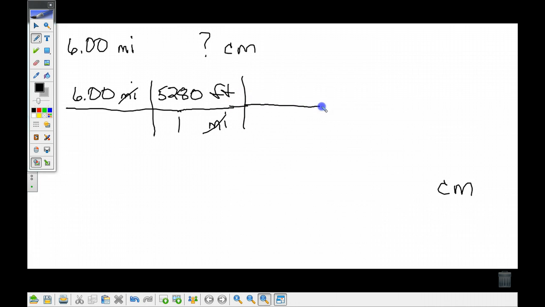Now, I don't think we could go to inches. You want to go feet to inches and then do a conversion from inches to centimeters? That works. But here's what I'm going to do. If you look at your conversion table that I just showed you in your passport, it says 1 foot is 0.30 meters.